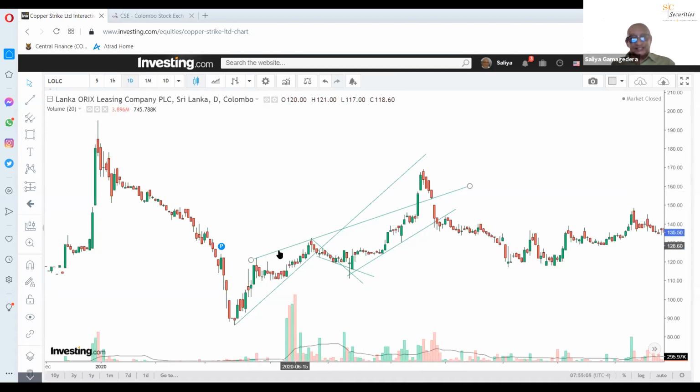Here, it was a resistance line. This area, of course, we used to connect, or rather draw this line. And we can see here, this line acted as a resistance line. Thereafter, when the prices were falling, the line succeeded in becoming a support line.